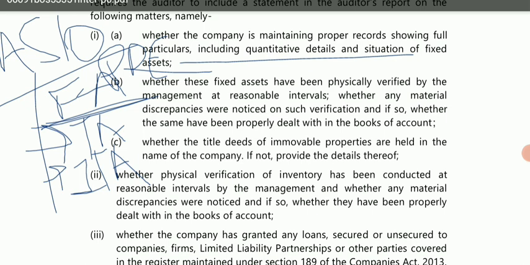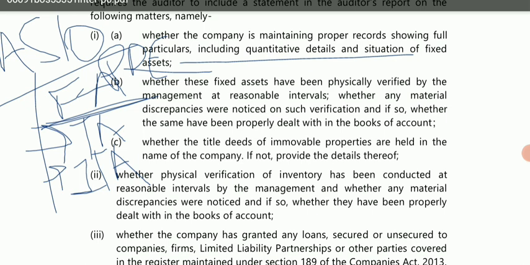So you have to report if CARO 2016 is applicable to any company. First of all, you have to make proper disclosures about the fixed asset. You have to disclose in the audit report that the company is maintaining proper records for the quantity of its fixed assets and also the situation of the fixed assets.